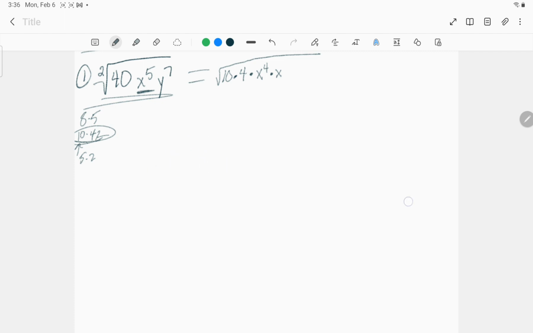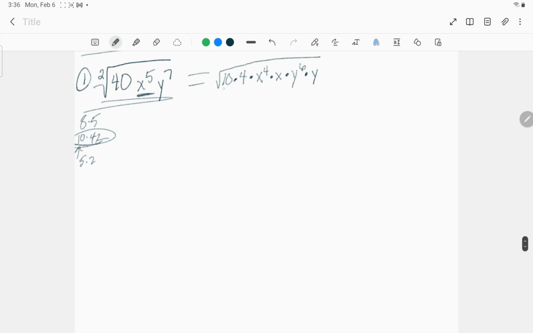Okay, so do the same thing with the 7. 7 divided by 2 is, sorry, not 6, 3. Yeah, 3 with 1 left over. Okay, so 2 times 3 is 6, so y to the 6th with 1 left over. Okay, I think I said that wrong on the x one, but 2 times 2 is 4, so that's how you get that. All right, so there are no factors of 10, so 10 is going to stay inside my square root, or there's no perfect square of 10, so it's going to stay inside there.